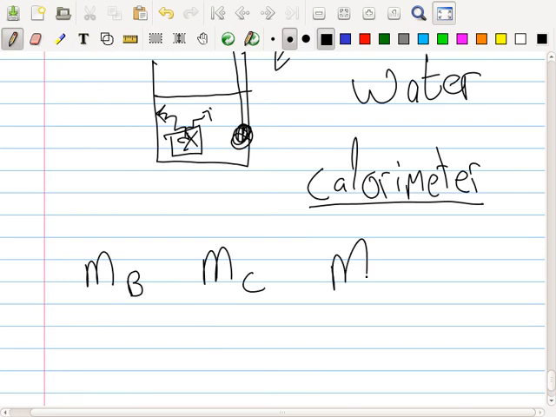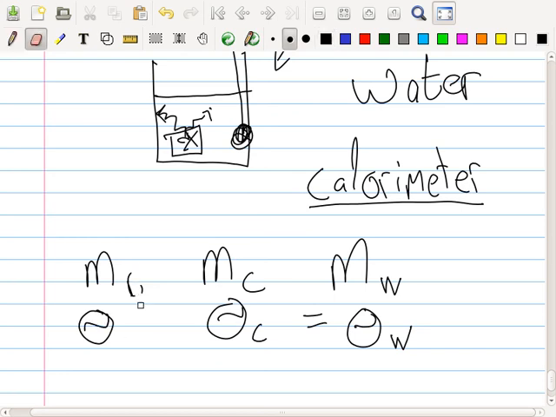And then you got the mass of the water. You also measure the temperature of the calorimeter. Well, that's easy. That's just going to be the same as the temperature of the water, because they're in the same container. And the temperature of the block, what will that be? 100.